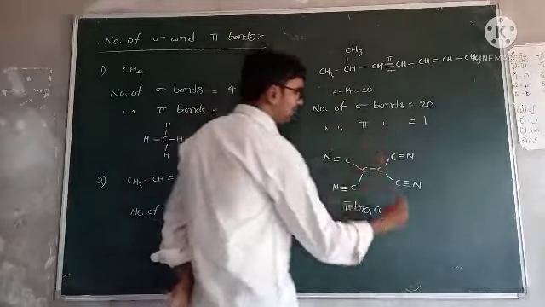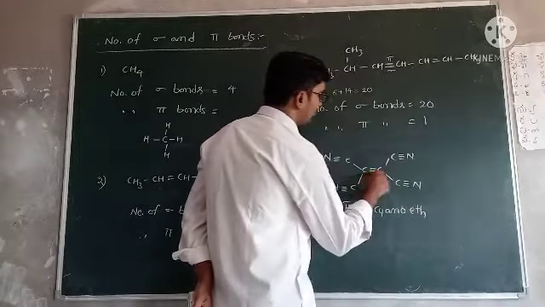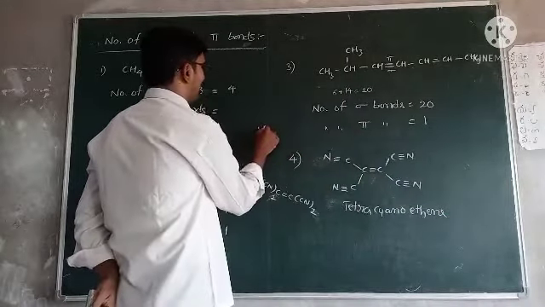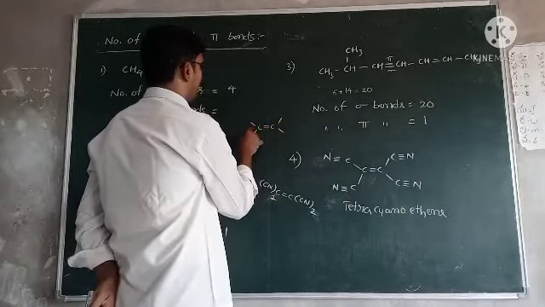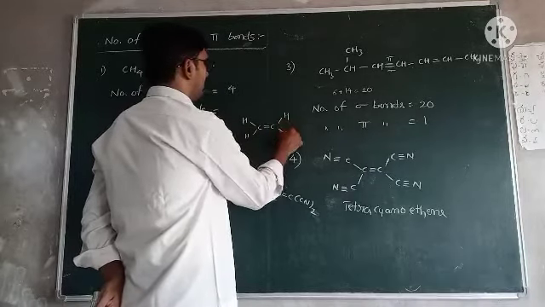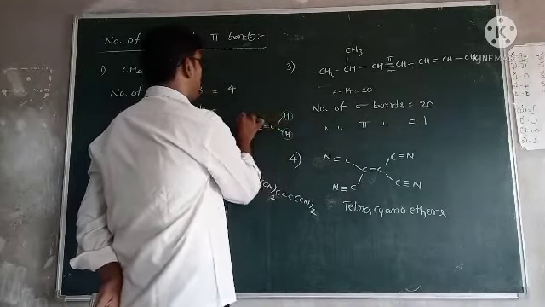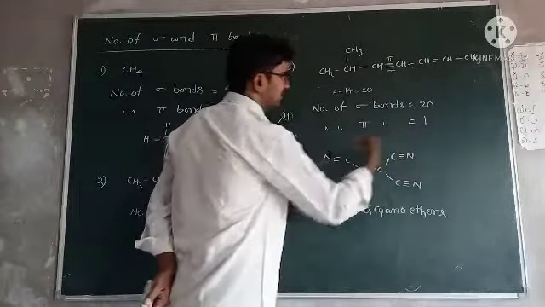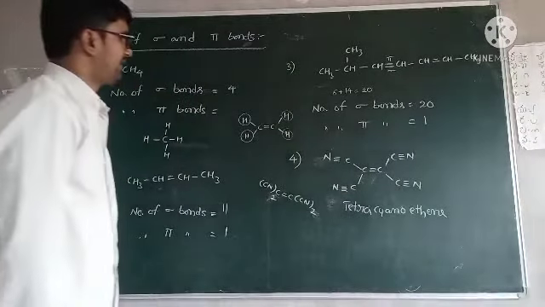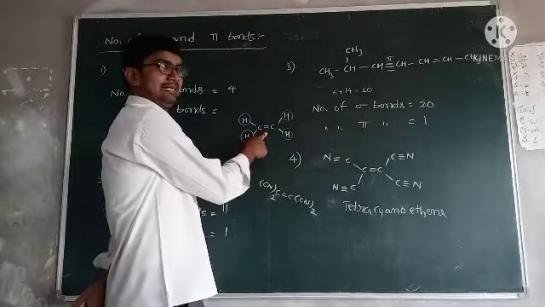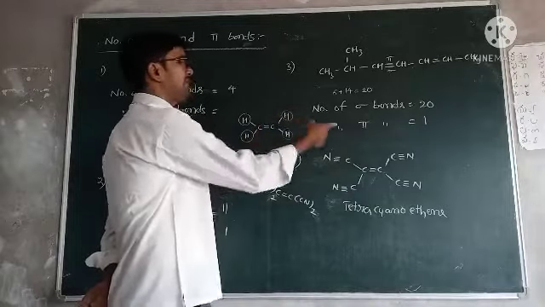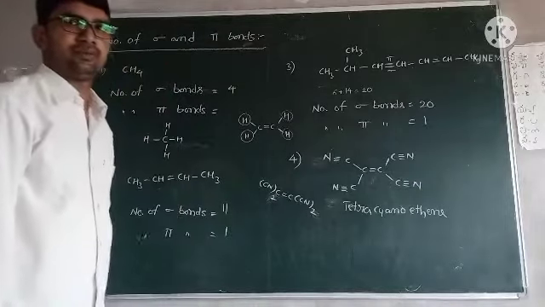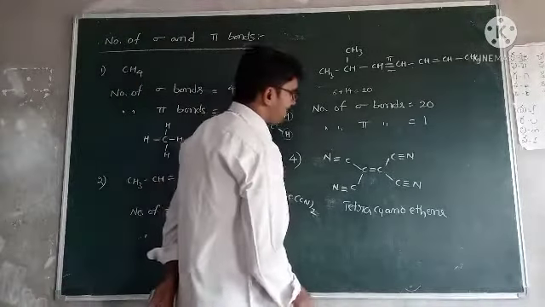How many carbons are there? 2 carbons are there, and between the 2 carbons a double bond is there, so the ending is ene. Actually, this compound looks like C double bond C with 4 hydrogens, but these 4 hydrogens are replaced by 4 CN cyanide groups. That's why the compound name is tetracyanoethene. Okay, now how many sigma bonds and how many pi bonds?